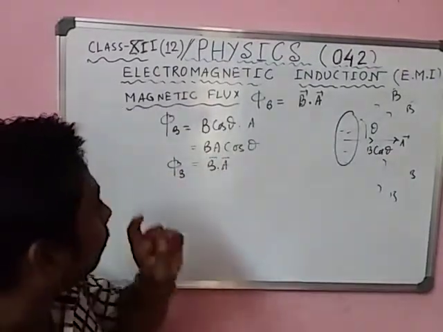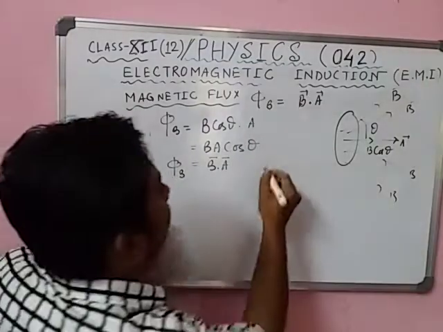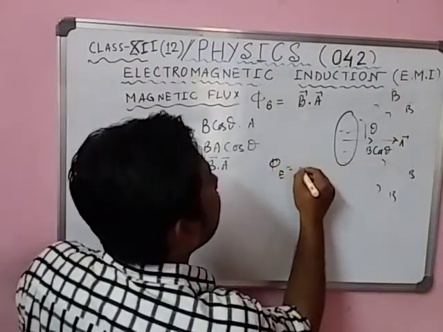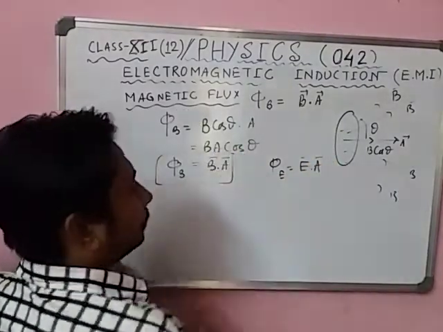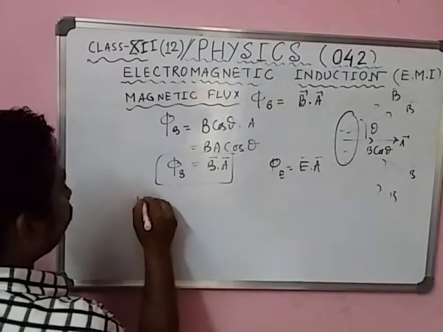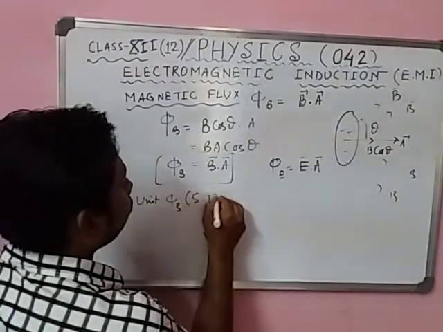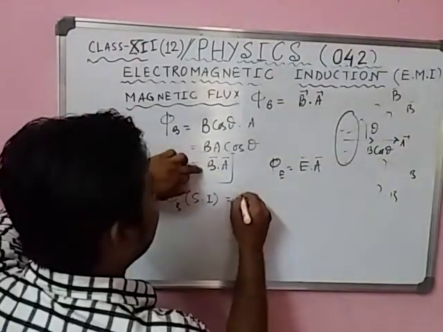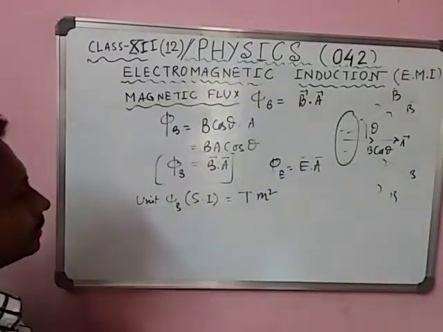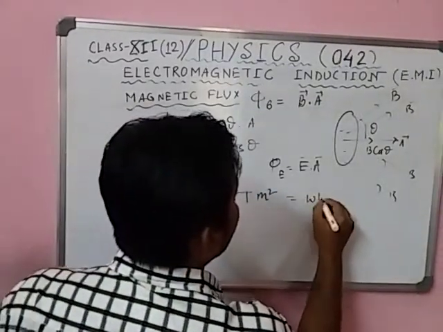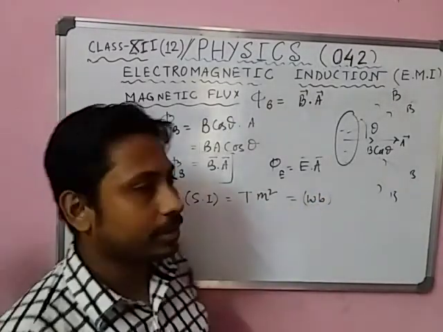Because it is magnetic flux, we write B here. If it were electric flux, we would write phi E, the electric field into area, but here we consider phi B. The SI unit of phi B is Tesla into meter square, which in one word we write as Weber. So this is the unit of flux, phi B.